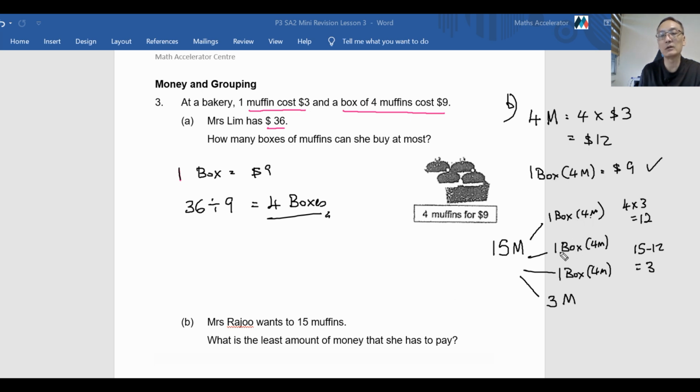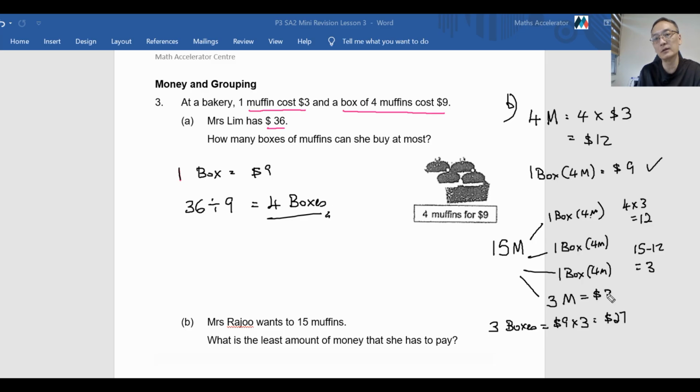So next we have to calculate the cost of 3 boxes. So 3 boxes, each box is $9. So 9 times 3, that will give you 27. And we need to buy 3 individual muffins. So 3 individual muffins, we can calculate over here.